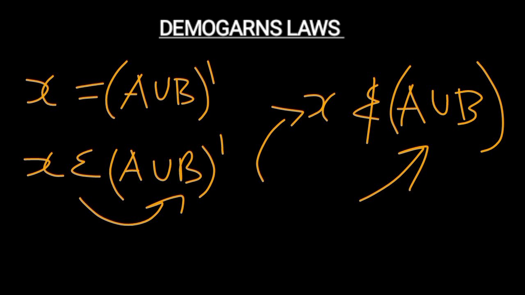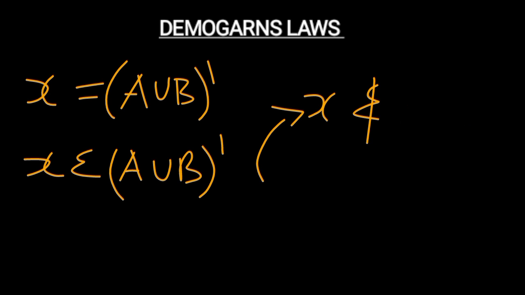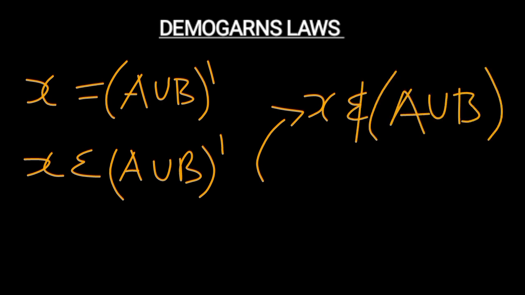Okay, so let us go to another step now. Here we have said that x is not a member of A union B without a complement. So our next step, we are going to just distribute this. x is not a member of, so this, we're just going to multiply with that and with that.